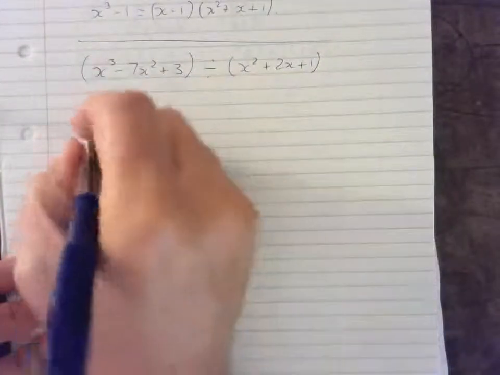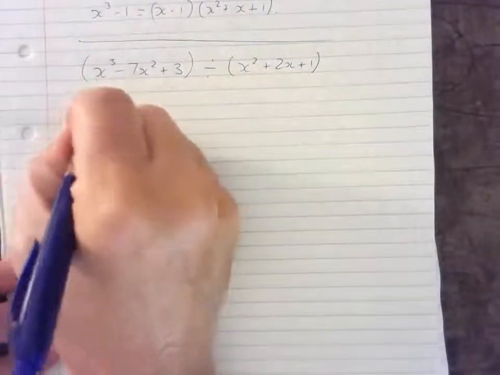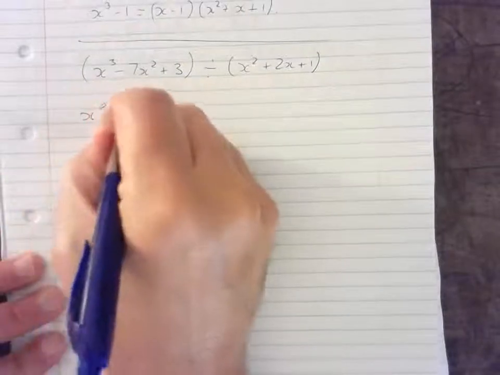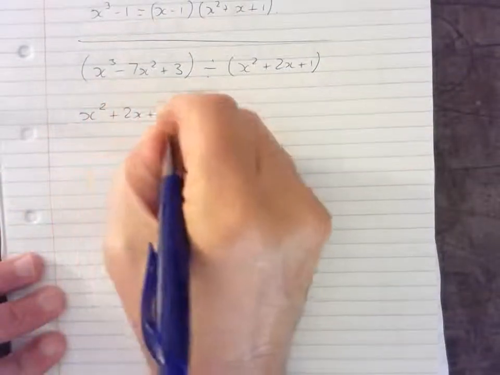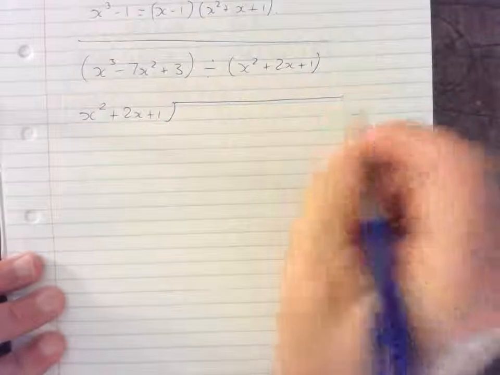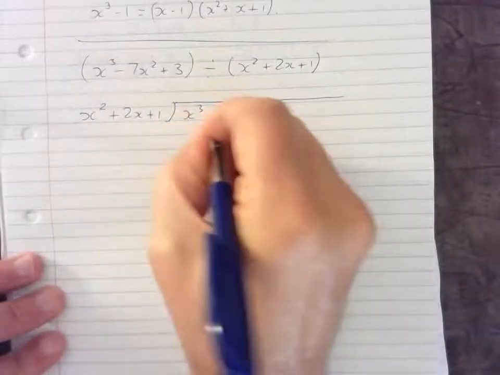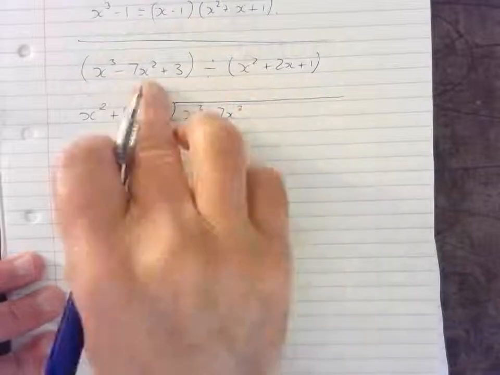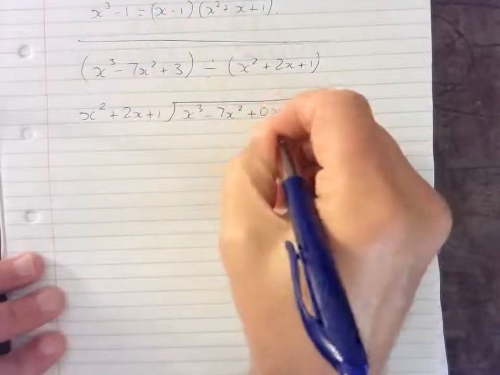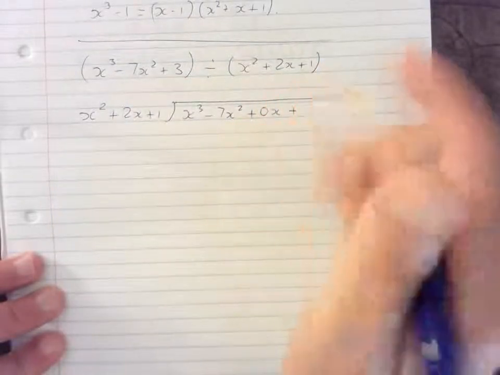Now in this case, setting it all up, I must put in the missing place value, so the plus 0x, plus 3 like that.